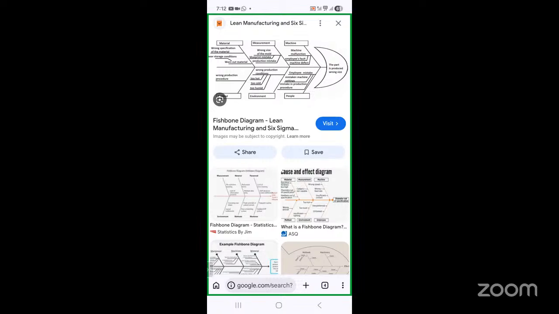Like the thread dimensions not as per the mentioned specification, then it will not fit exactly. Final finish not as per the requirement. If it is the requirement, then that will be under the material. That is the specification.